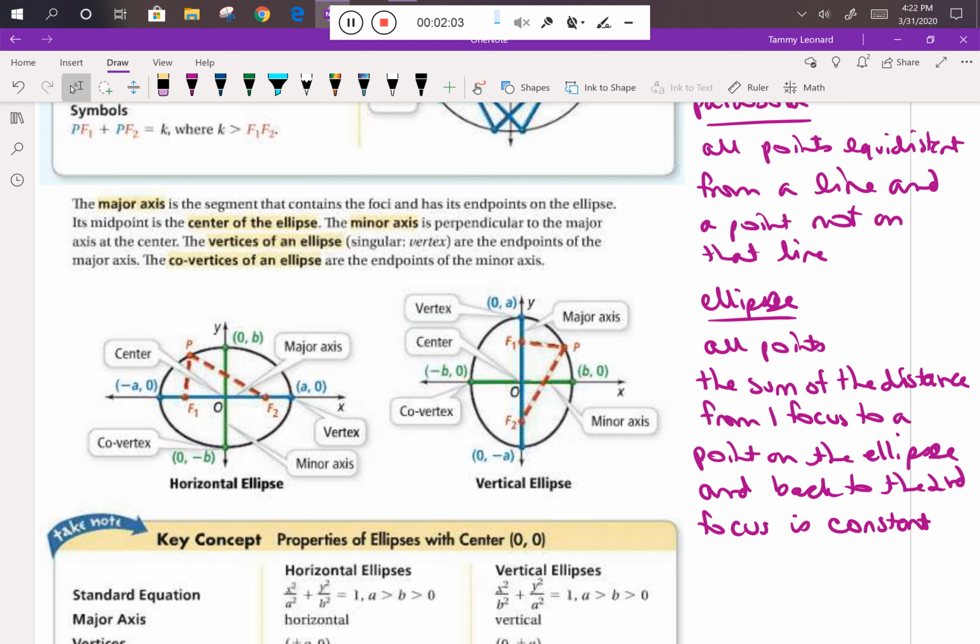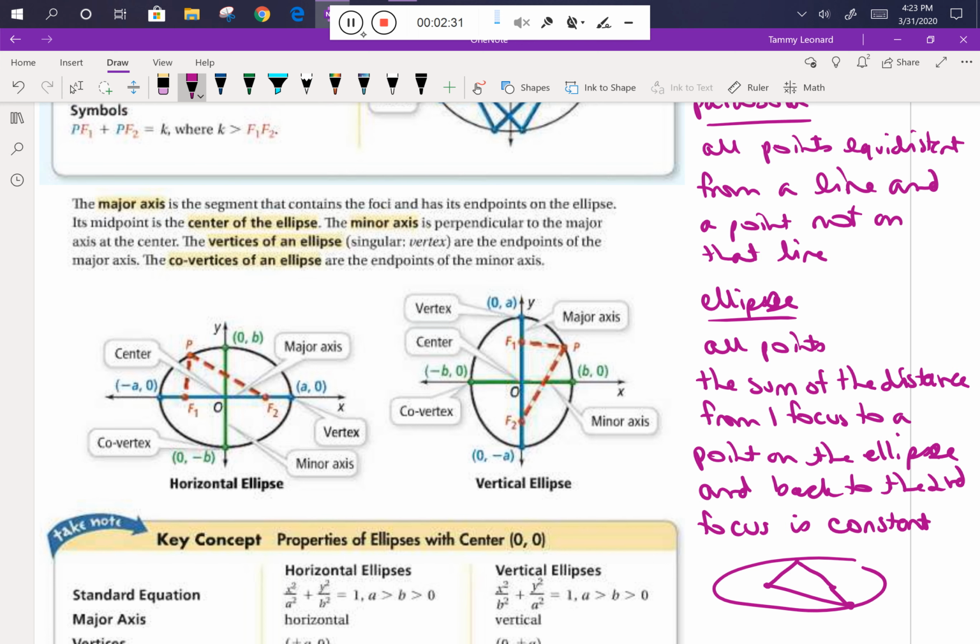So basically, if I have an ellipse and I have the two foci, foci is one of the ways you can pronounce the plural of focus. The other is focuses, both are okay. If I start at the first focus and I go to some point on the ellipse, and then I go to the other focus, the sum of those two segments is the same as if I pick some other point and go focus to the point and back to the other focus.